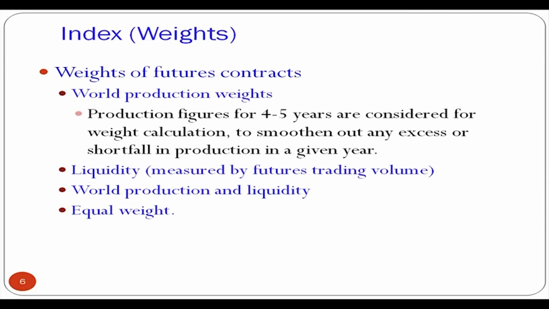Now the second weight which can be considered is the liquidity. Many times, consideration of world production alone as a weight can lead to a distorted value of a futures contract. For example, let's say gold production will be around some X number of tons.